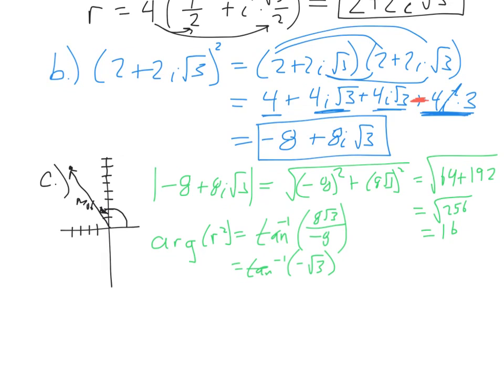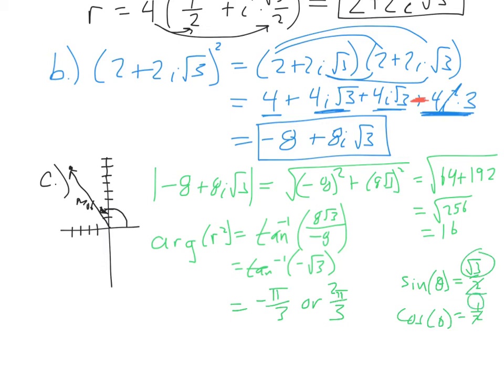Turns out that this is either negative pi over 3 or it's 2 pi over 3, because in both of those cases, the sine of the angle that we're looking at is root 3 over 2, and the cosine is 1/2, and so the 2's will cancel, and you're just left with root 3 over 1. So down here, negative pi over 3, and up here, positive 2 pi over 3, are the two places where that happens. The angle here that clearly makes sense for us is 2 pi over 3.